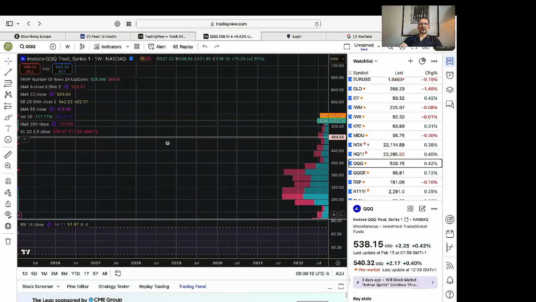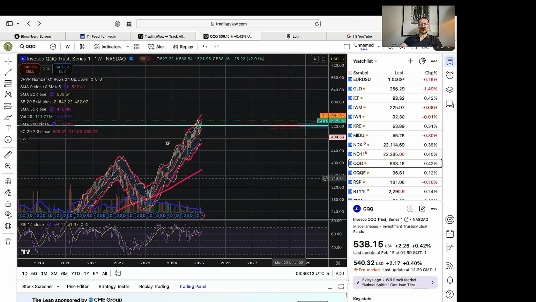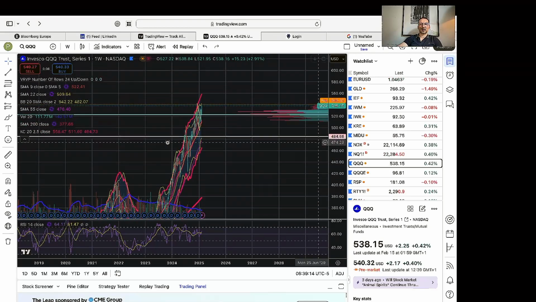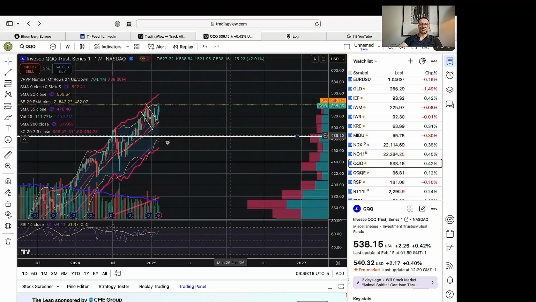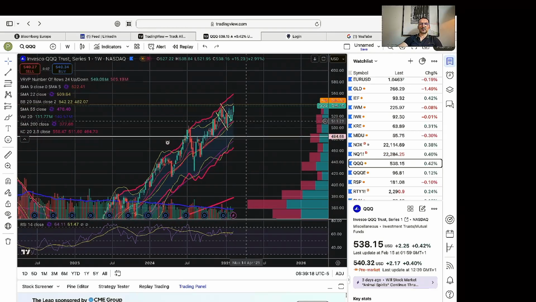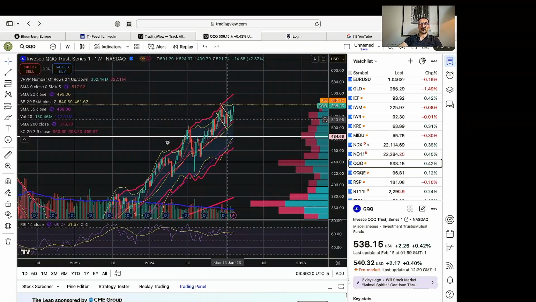Hold on, I'm going to zoom. We've tested it one time, then it rebounded. Maybe we test another time, then maybe it goes up. Or maybe we test another time, then it hovers sideways, and after that it goes down. So this is one of the possible scenarios as well.